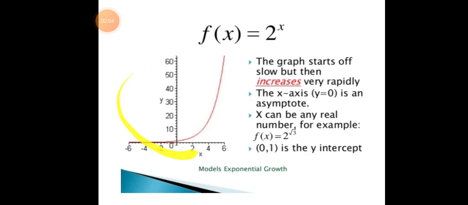The x-axis, y equals 0, is an asymptote. x can be any real number, for example, f(x) equals 2 to the power of square root of 3. Then (0, 1) is the y-intercept. So this is the model of exponential growth.